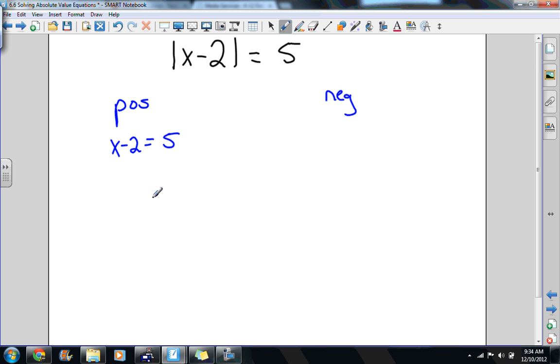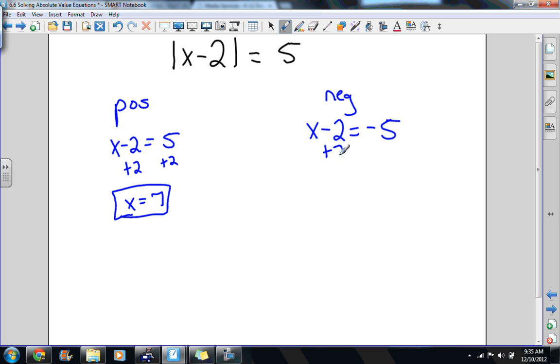Nice and simple. However, the negative one gets a little trickier. We leave the inside the same, and the opposite side is made negative. So if this was a negative 5, it would flip. For this one over here, x equals 7.